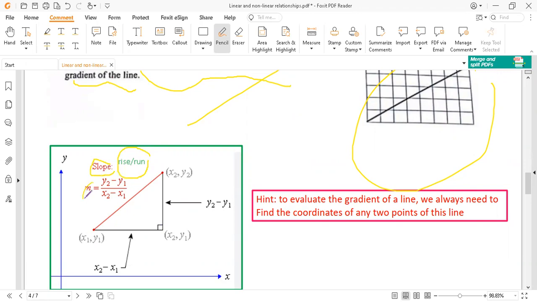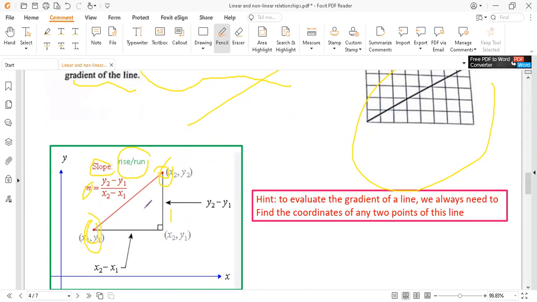So normally, how to find the slope? If we have 2 points, if we draw any right triangle, or we choose any 2 points on this line, we can use any 2 points of this line, and we draw a right angle triangle, and we should find the abscissa and ordinate, the coordinates of these 2 points.